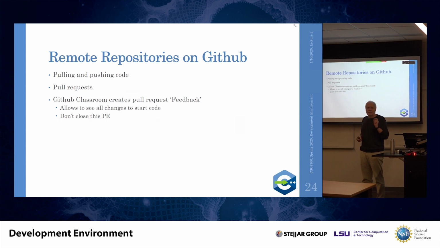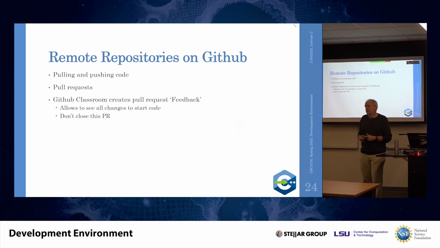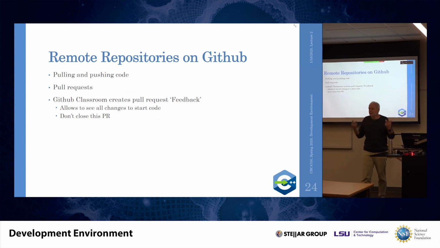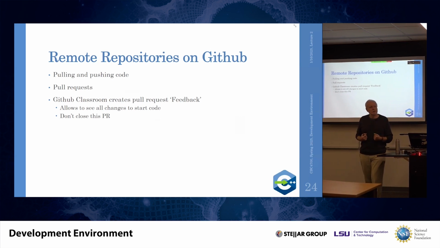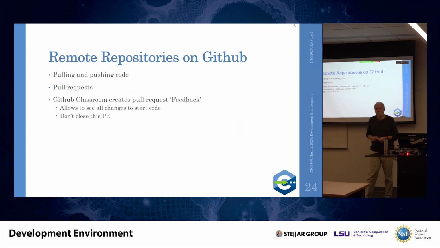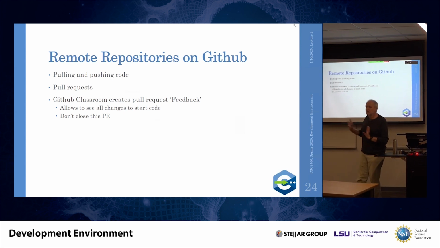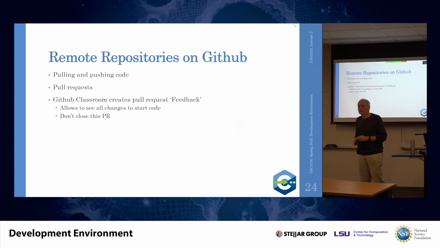I have tens of students who regularly merge that thing and close it. And you make my life more difficult if you do that, because I have to recreate that pull request manually for me to see what you have actually changed. So please never merge or close that feedback pull request that GitHub Classroom is creating on your repository. It's harmless. You can just leave it alone. Nothing happens if you don't merge that.